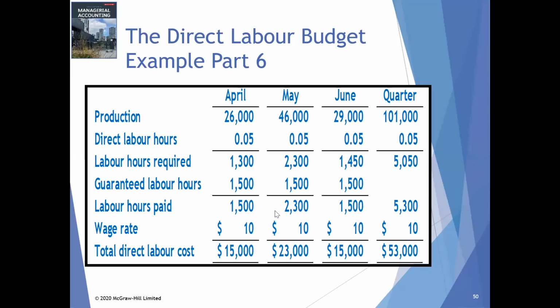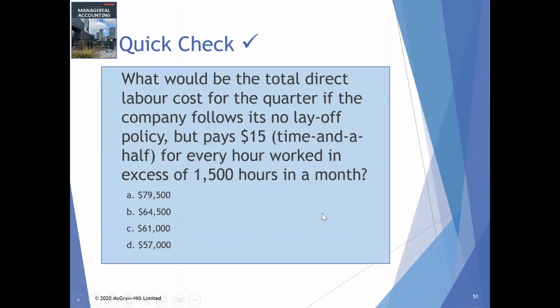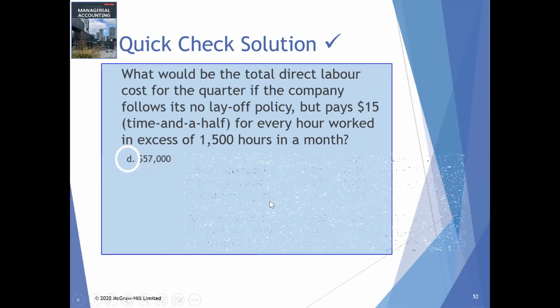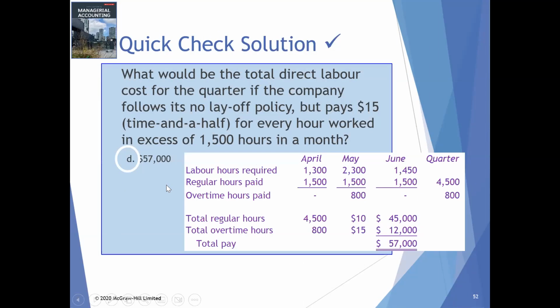Okay, so now we can see, as per the information given in this question, what is the right answer according to the changed information? So look at this answer. 57,000 is the right answer according to the information available, right? If it is paid at $15 per hour in excess of 1,500 hours, then this is the calculation.